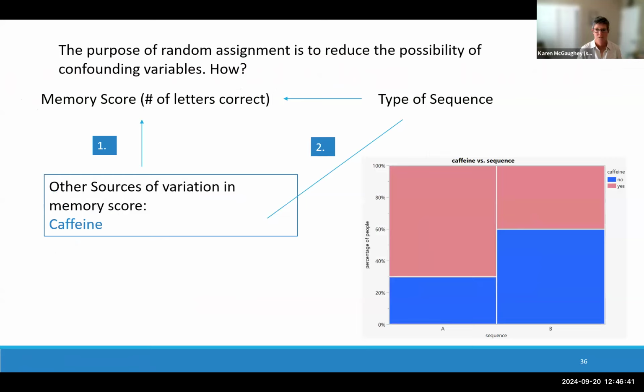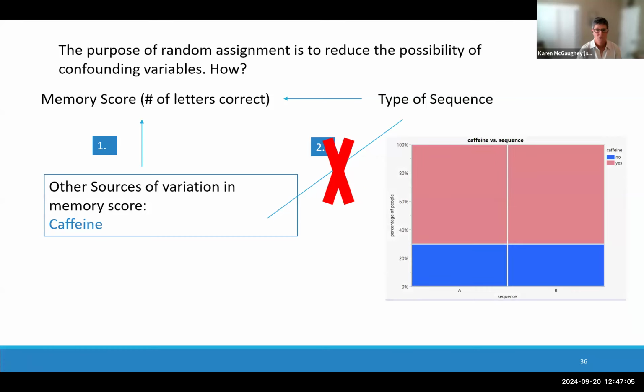How does it do that? In other words, how does random assignment keep this kind of thing from happening? That is what needs to happen in order to prevent caffeine from being a confounder. Random assignment needs to keep that relationship from happening.